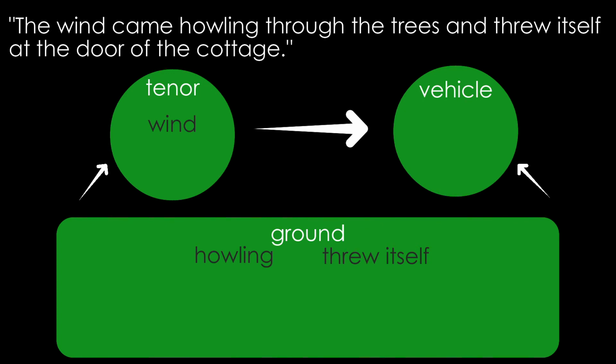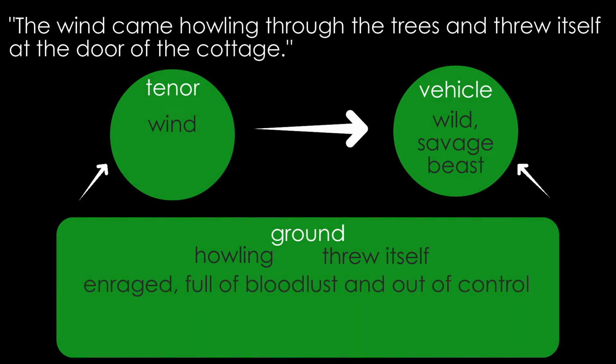We have to use our powers of interpretation to work out from what they are being transferred, though. The vehicle seems to be some kind of wild and savage beast who is enraged, full of bloodlust and out of control.